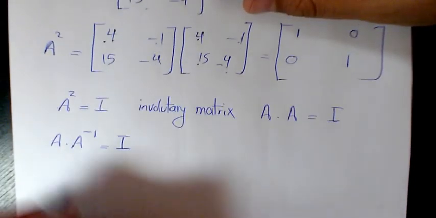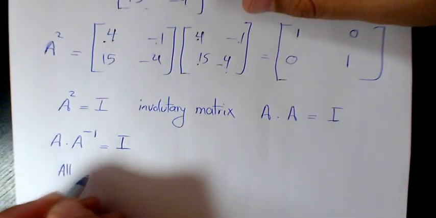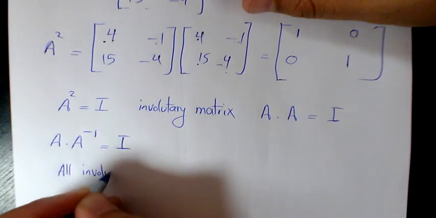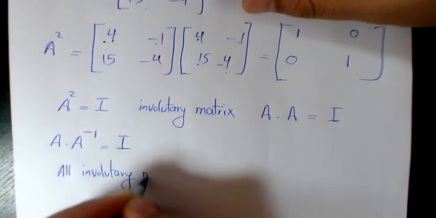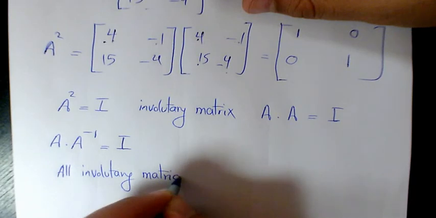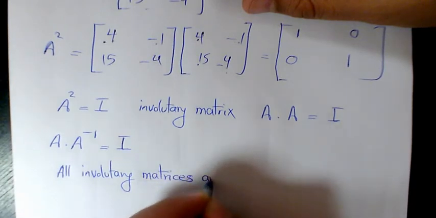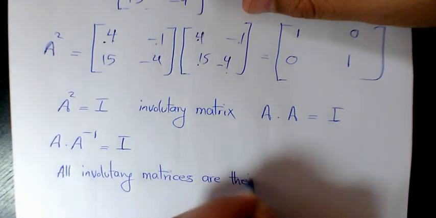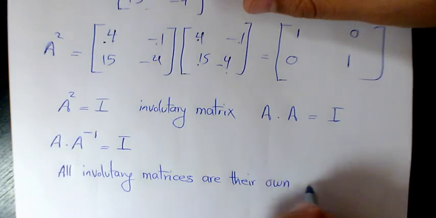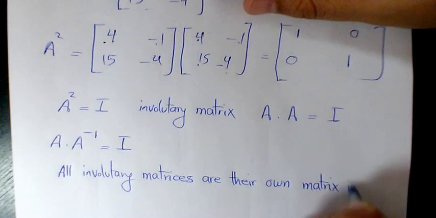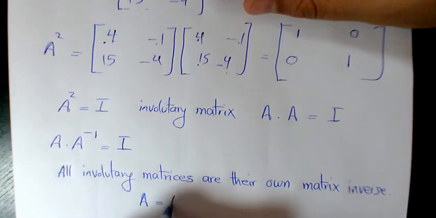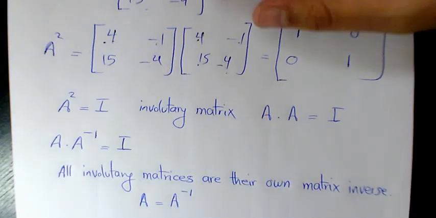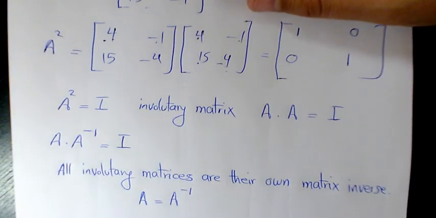So we can say that all involutory matrices are their own matrix inverse, which means that A equals the inverse of A when we are dealing with an involutory matrix.